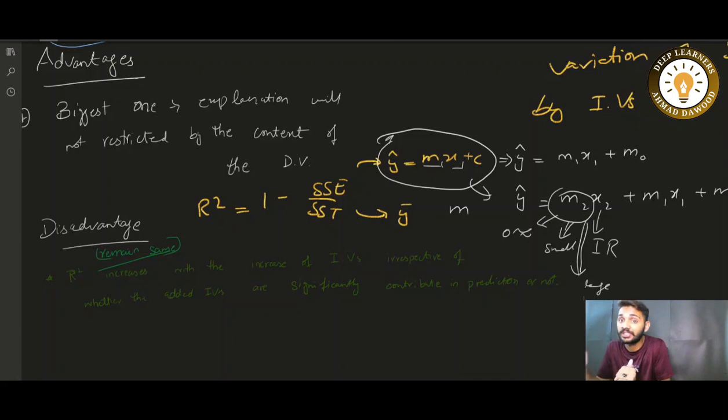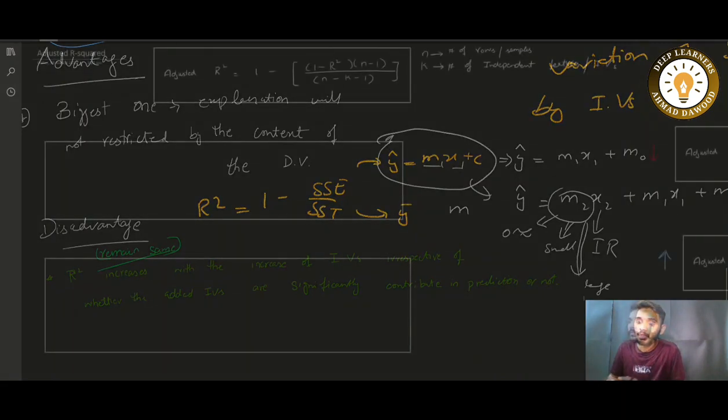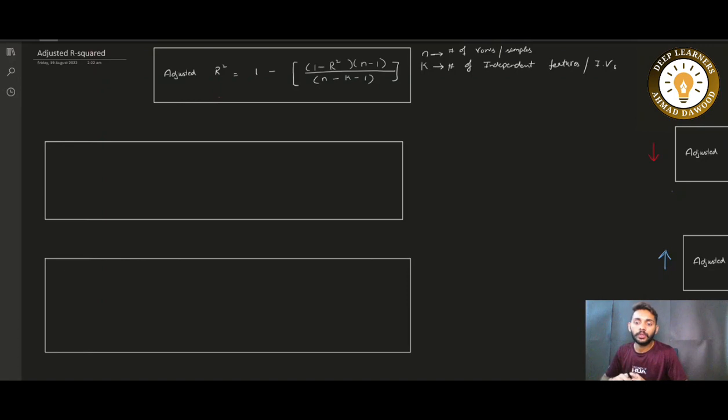We will design such a formula by just adjusting the R square formula. That's why we usually call the next metric the adjusted R square method. So here we have the formula for adjusted R square.